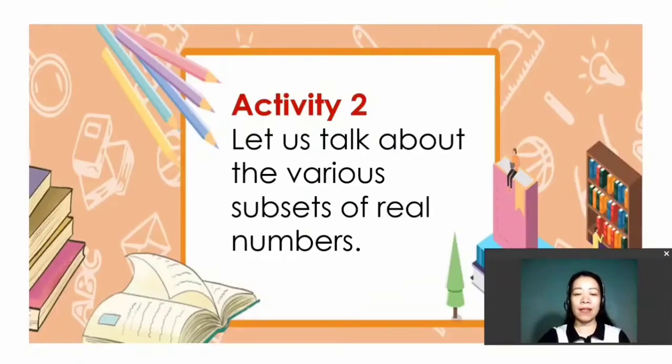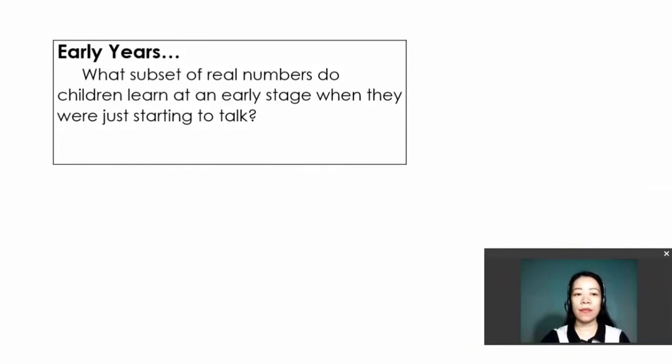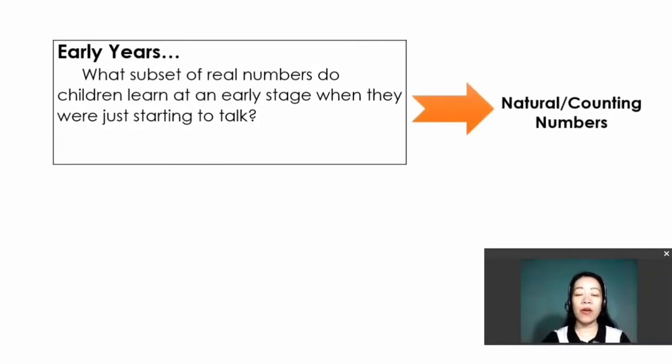Activity 2. Let us talk about the various subsets of real numbers. In early years, what subset of real numbers do children learn at an early stage when they were just starting to talk? What is the answer? Okay, the answer is natural or counting numbers.